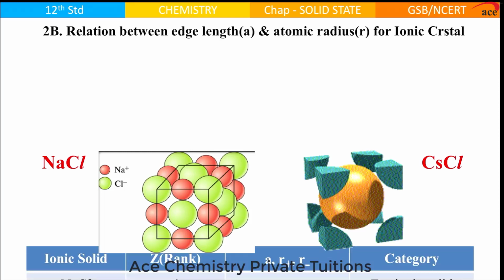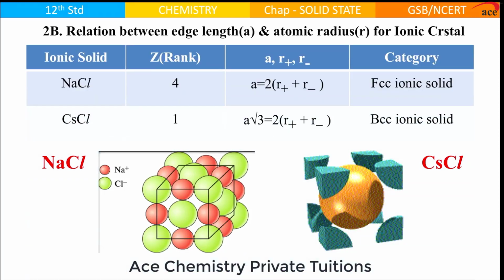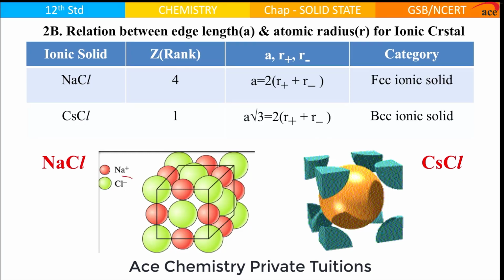Coming to the next one, for ionic crystal, there are only two ionic crystals in our syllabus. One is NaCl, the other is cesium chloride. If you see NaCl, the green color spheres are Cl minus, remember this is called R minus. This is R plus, this is R plus and this is R minus. From here to here it is the edge length.